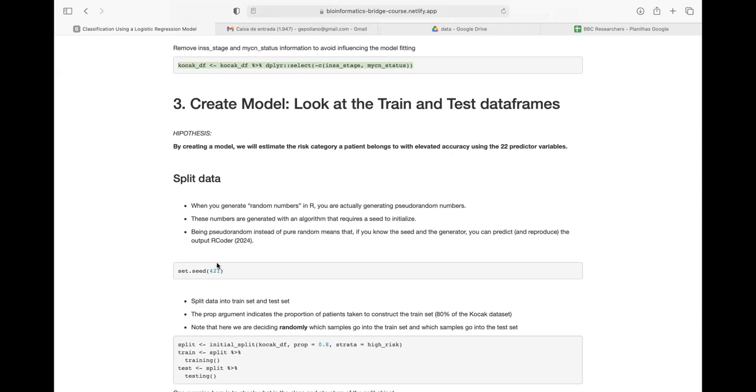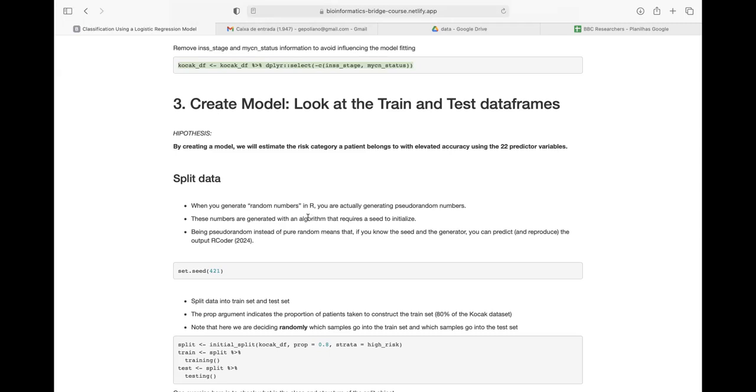Okay. So in order for that random condition to be reproducible, in other words, in order for that random splitting to be able to be repeated later, I need to tell R how to generate the random splitting.